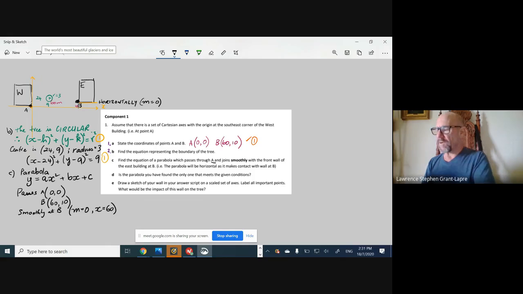Let's look at the first criteria. Substitute 0, 0. 0 equals a times 0 squared plus b times 0 plus c. Okay, therefore 0 equals c.